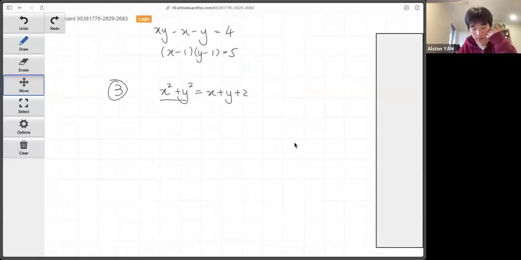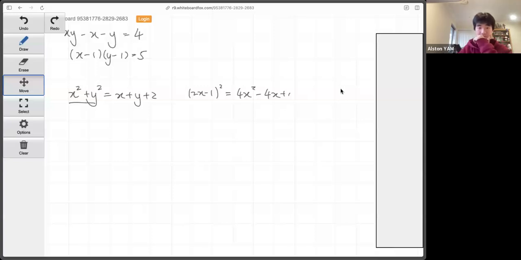So what we can do is a neat little trick, because I know something that is (2x minus 1) squared. That will give me 4x squared minus 4x plus 1.